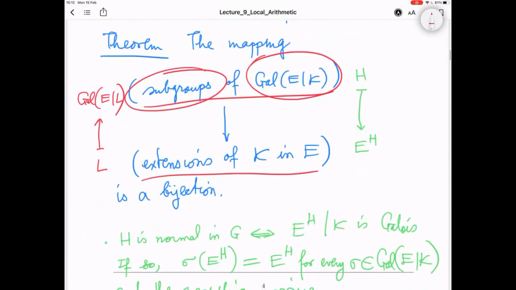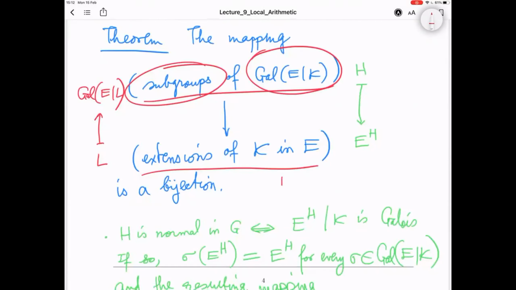So these are extensions what? These are fields which contain K and which are contained in E. A field L which contains K and is contained in E is an intermediate extension. Anyway, so there are these two sets, the set of all subgroups of the Galois group and the set of all intermediate extensions.